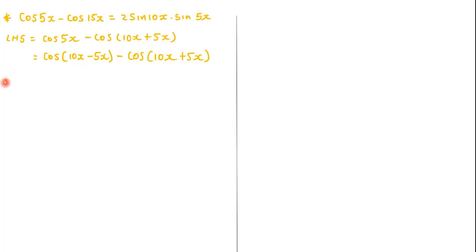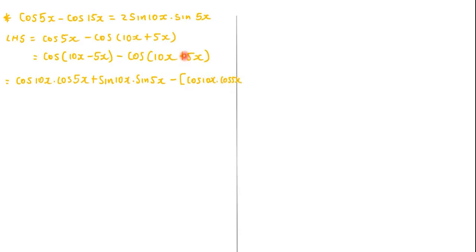And then from there, you can see now we're going to expand this into cos 10x times cos 5x plus sine 10x times sine 5x. And then from here, we're going to say minus, and then we're going to have cos 10x times cos 5x.